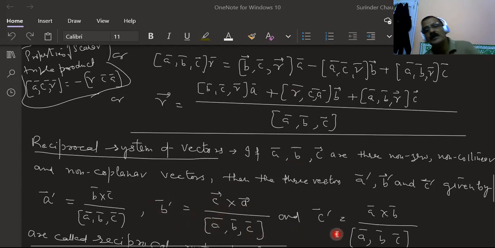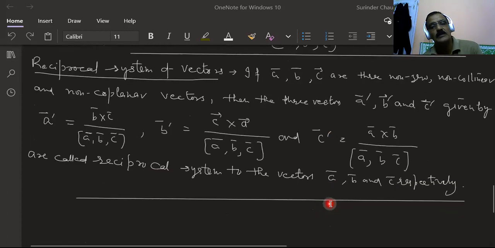And similarly, the reciprocal of C vector, C dash vector, is equal to A cross B upon the scalar triple product of A B C vectors. These are the reciprocal vectors of vector A, vector B, and vector C.